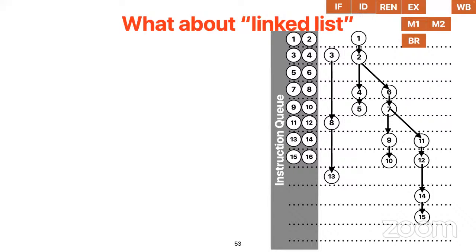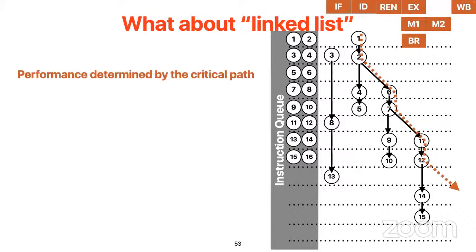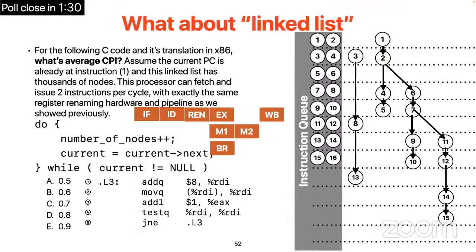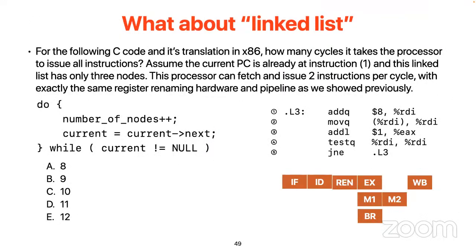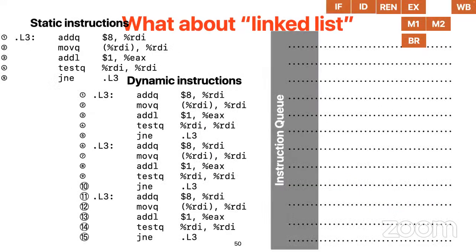Okay, so at this time, if you look at the instructions we have, for the third line, we have 5 and 6, right?